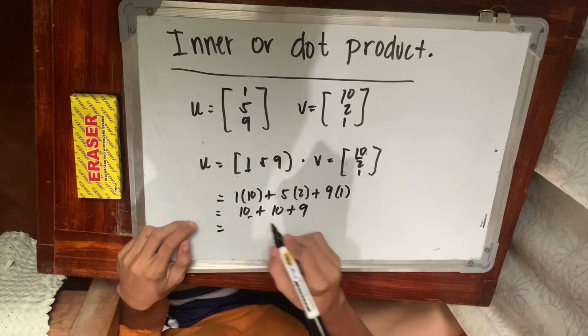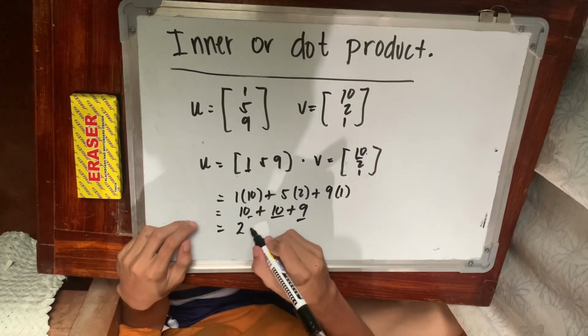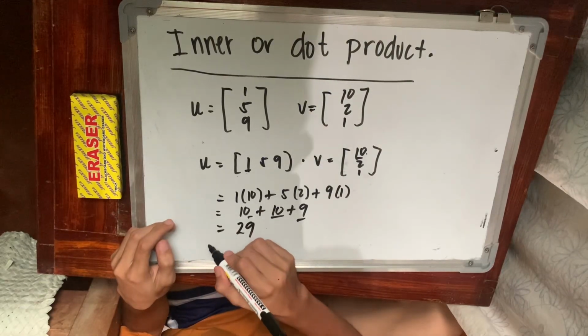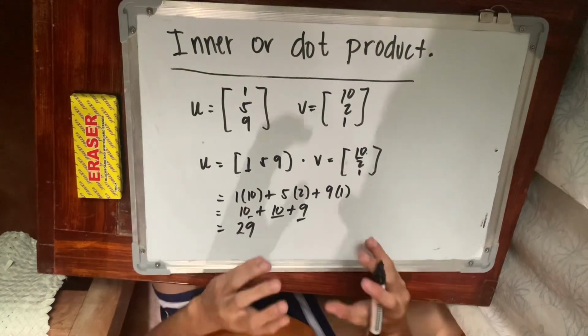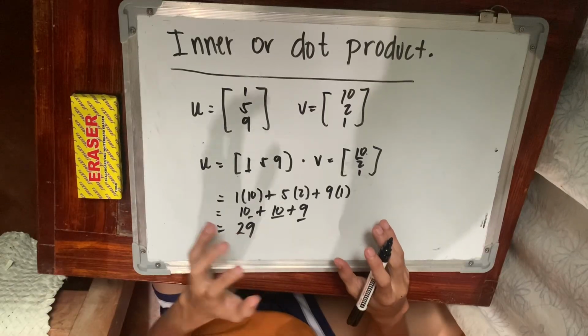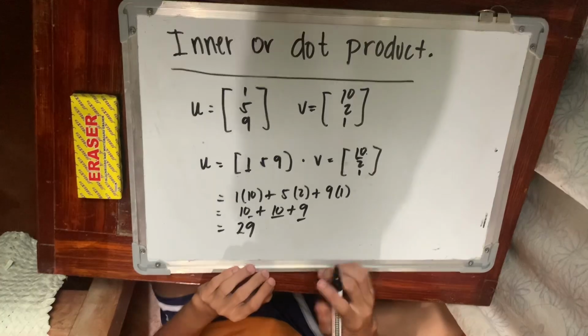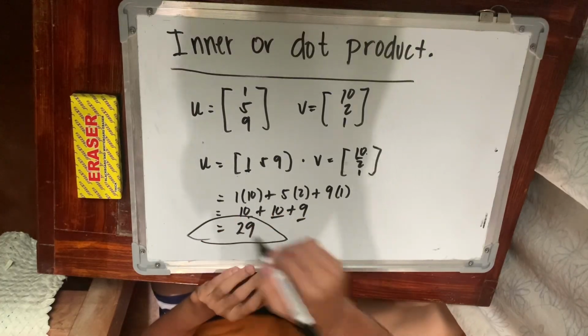If we sum up these three numbers, it results in 29. And just like we did, this process is called the inner product or dot product. So this is how we deal with this.